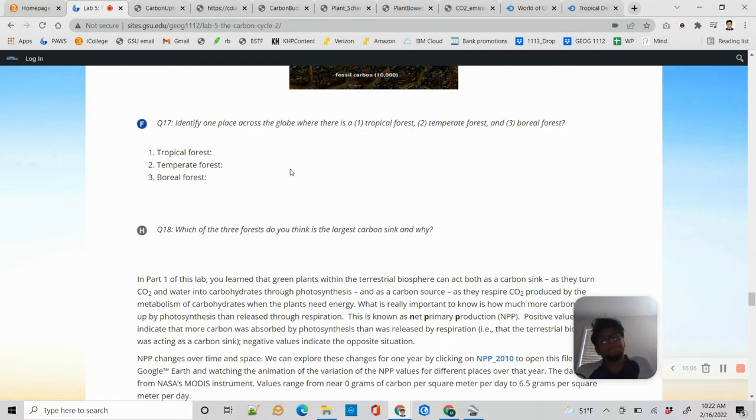I know you all know already that trees are a really great sink of carbon, because trees absorb lots of carbon. Trees take in carbon dioxide. So naturally, among these three, the tropical forest should be the one you will be answering.